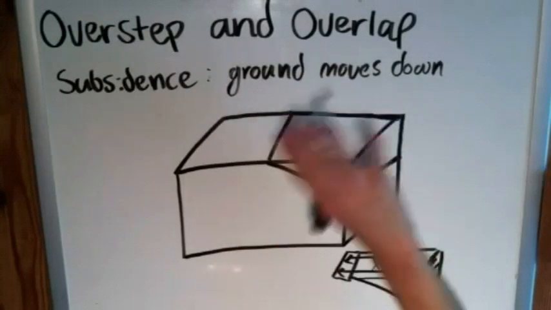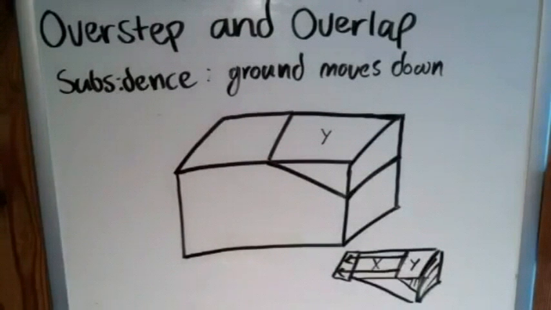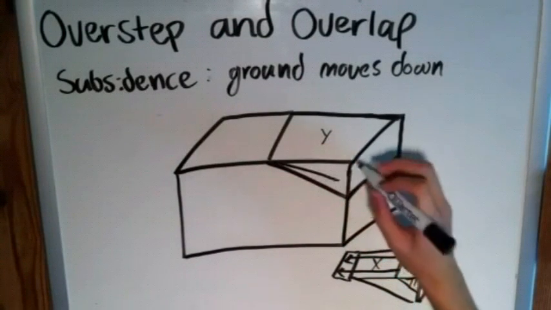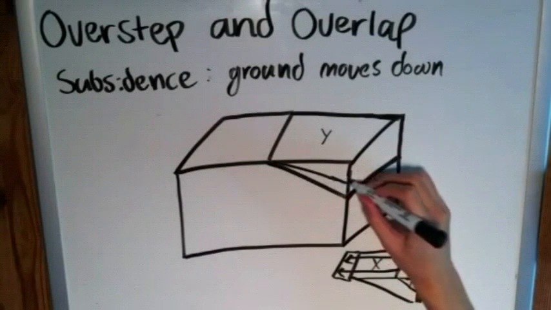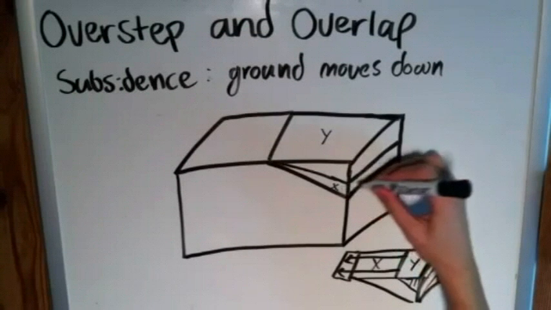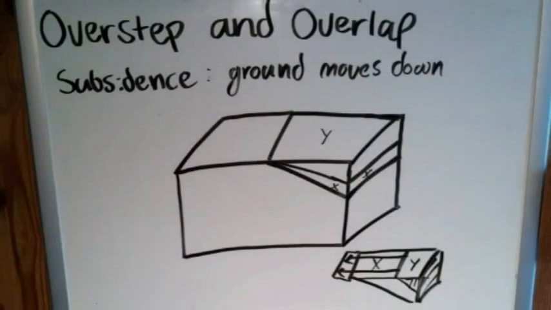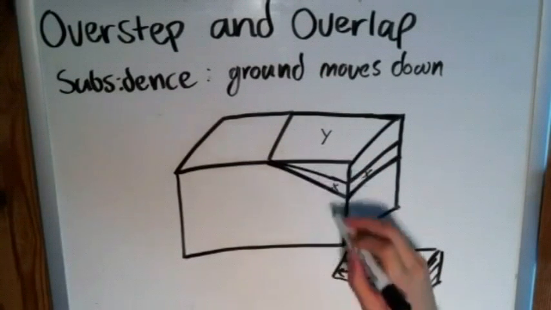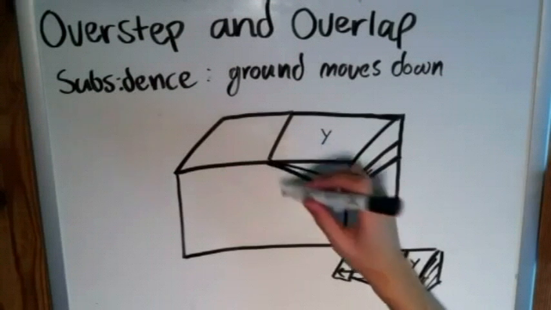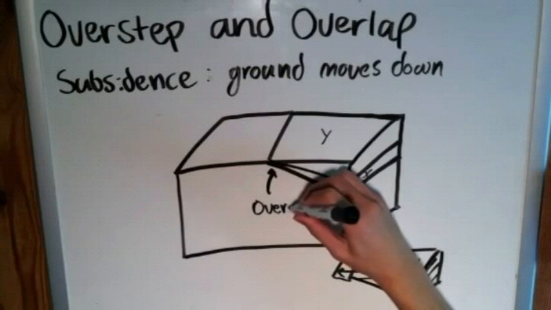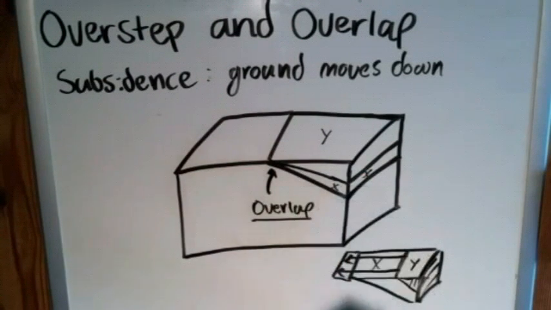At ground level on the surface, you could only see Y. However, X still exists because down below, we'd have something like this. Y would sort of stretch out like that, and then come around like this. And you can only see X down here. And this surface right here where we see Y just pretty much going over X. Usually it'll be more defined than this, my drawing isn't perfect. But this surface right here where we see the contact down there, that is the overlap.